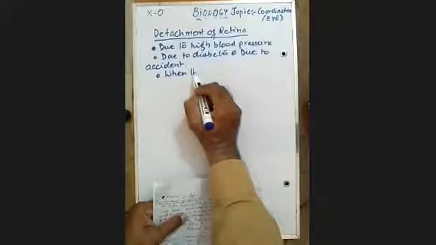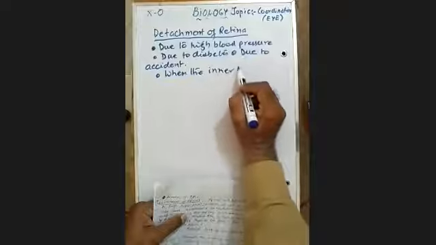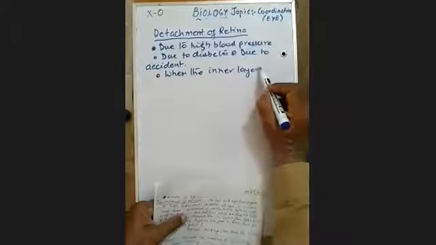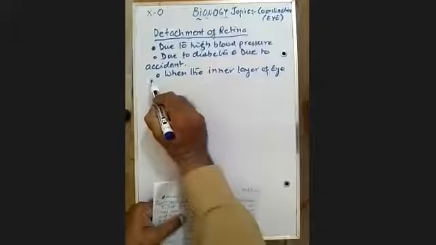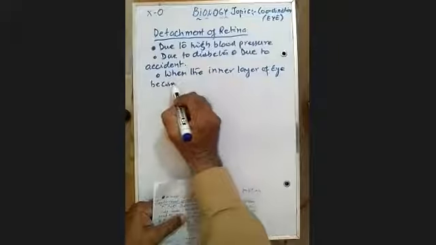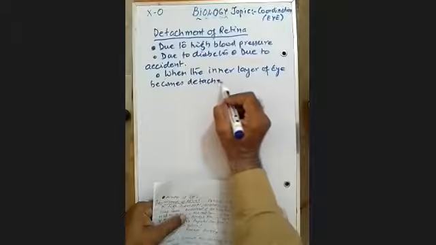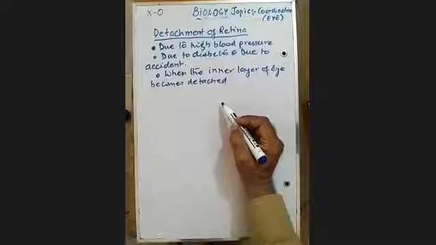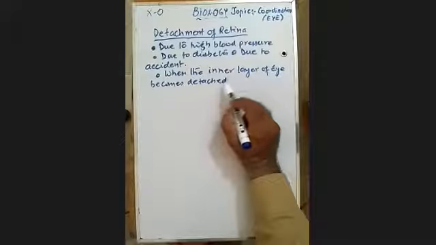When the thin inner layer of the eye, you see, the retina is the inner layer of the eye, becomes detached, what will happen?